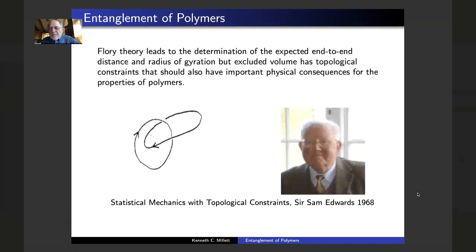A bit later, Sam Edwards, or Sir Sam Edwards, who was at the Cavendish Laboratory in Cambridge, England, got interested in these matters and asked questions about the influence of the topology, the spatial characteristics of these arcs or closed chains, and tried to include the topological constraints in the study of statistical mechanics in the late 1960s, early 1970s.